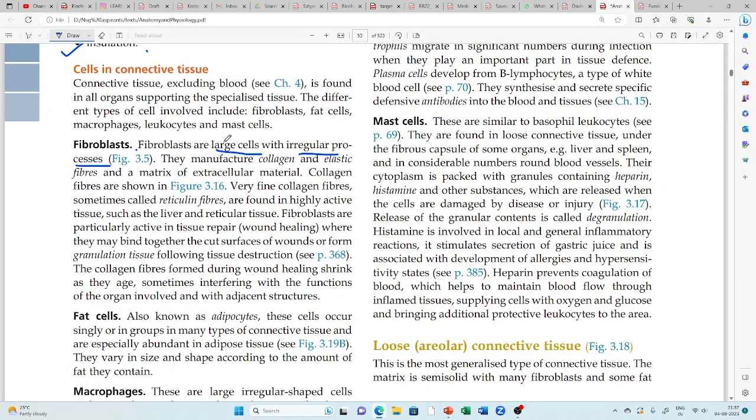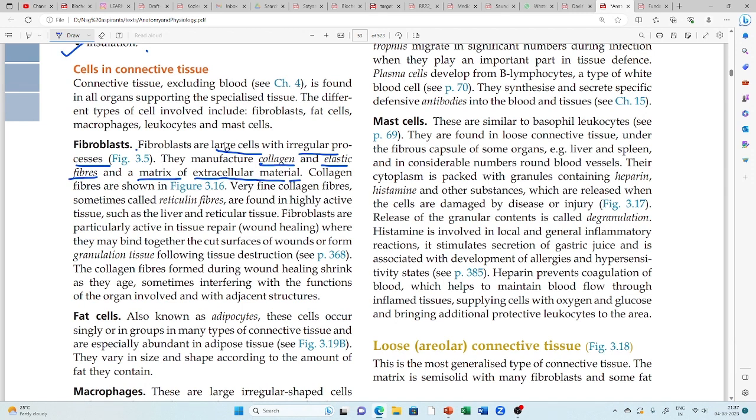Fibroblasts are large cells with irregular processes. What is the function of fibroblasts? Fibroblasts manufacture collagen and elastic fibers and a matrix of extracellular material. Fibroblast is a large cell that produces collagen, elastic fibers, and matrix of extracellular material.